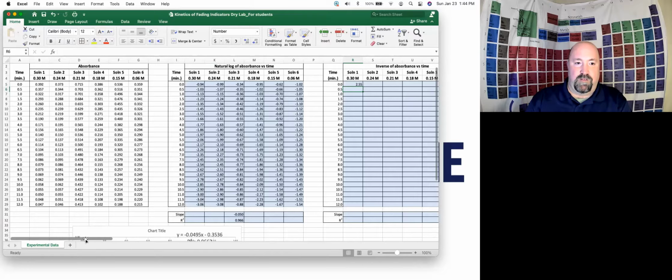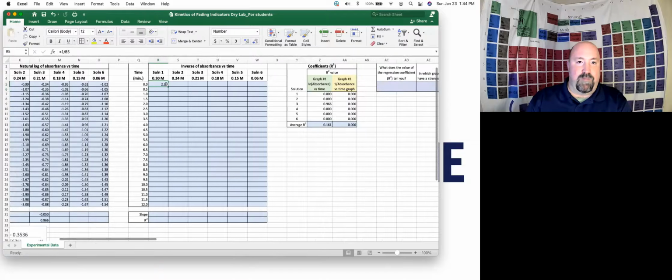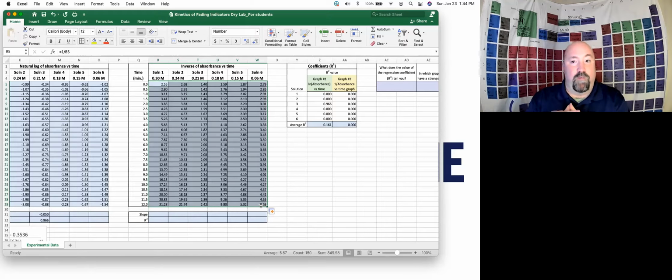So there it is. I can fill over, and I can fill down, and it populates my entire graph with 1 over the absorbance for me. And then you would do the same thing for all 6 of your graphs, and use your trend line to find your slope and your R squared for each.